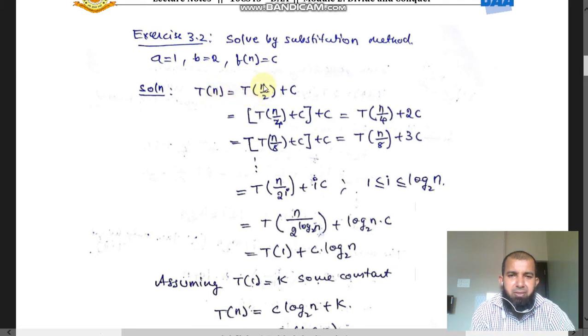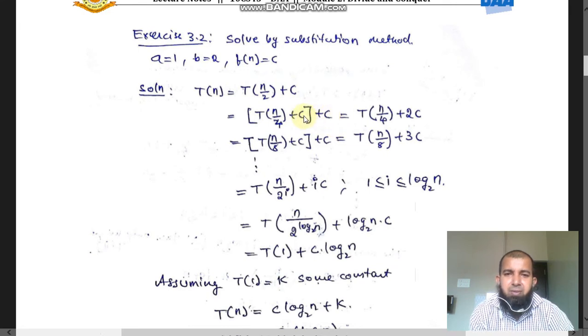So T of n by 2, what can you write? T of n by 4 in place of n by 2. T of n by 2 into 2 means n by 4, plus c. Substitute here, then plus c.